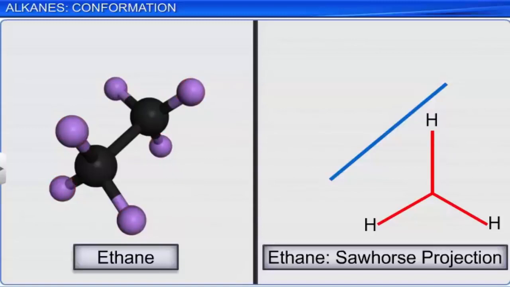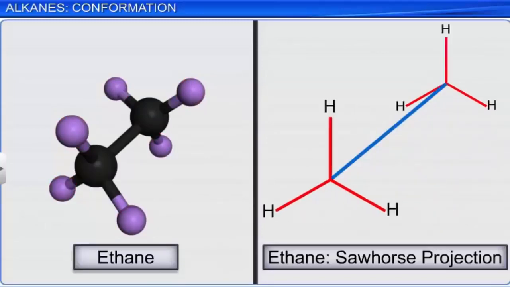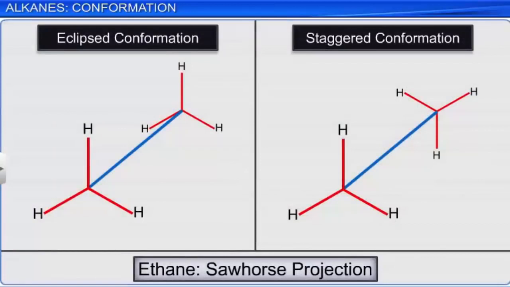These bonds are shown with the help of 3 lines attached to the carbon atom. These are inclined at an angle of 120 degrees to each other. Using sawhorse projection, the 3-dimensional structure of the eclipsed and staggered conformations can be easily visualized.